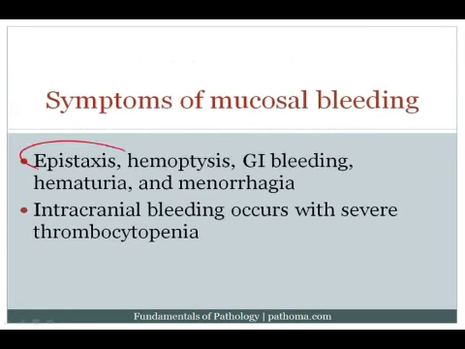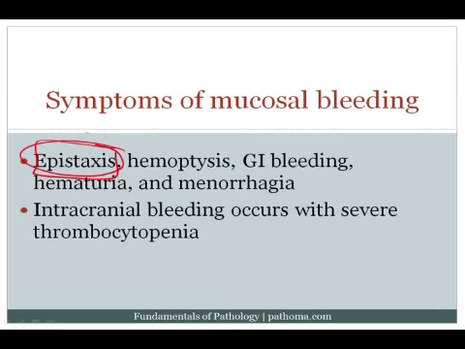For example, the patient can have nose bleeding or epistaxis. They can have coughing up of blood or hemoptysis, GI bleeding, hematuria with blood in the urine, or menorrhagia, heavy menstrual bleeding, because the endometrium is also a mucosal surface. So these are some classic signs and symptoms, and actually the most common is epistaxis, and that's why I sort of went after that one and highlighted it for you as I was talking.